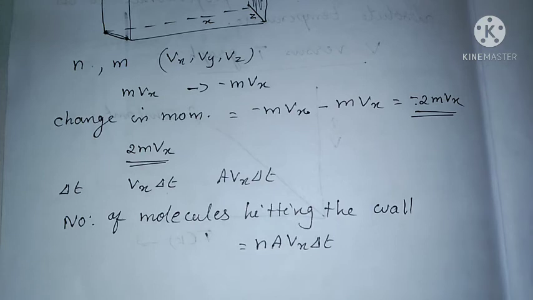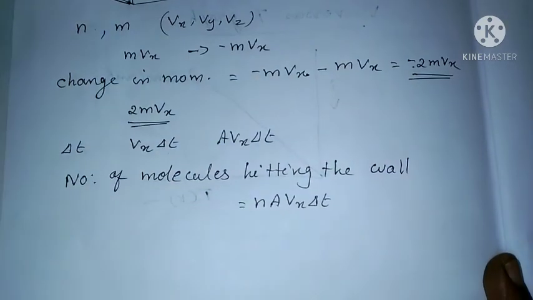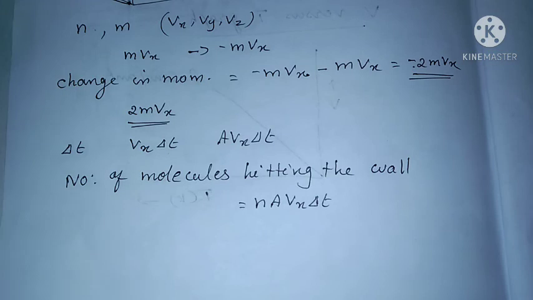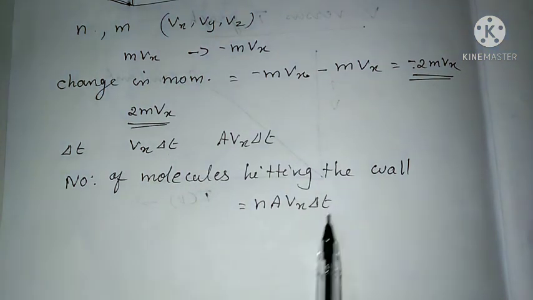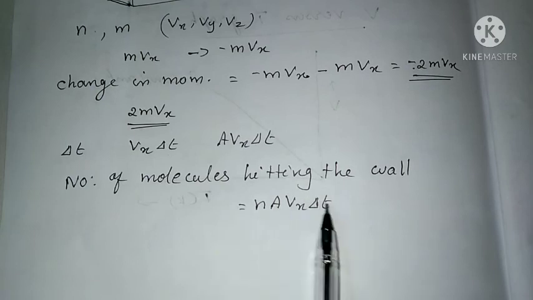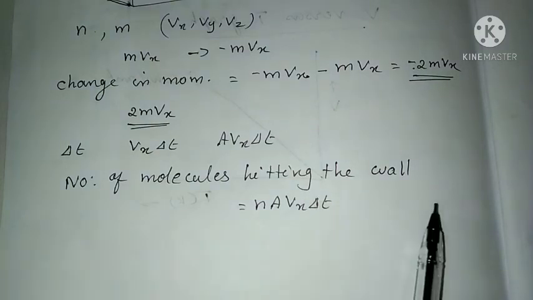Due to the random motion of the molecules, this is the total number of molecules hitting the wall, but all these molecules do not move along the positive x-axis.